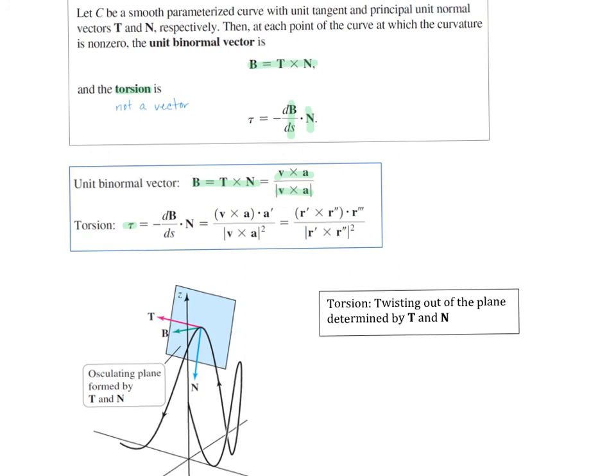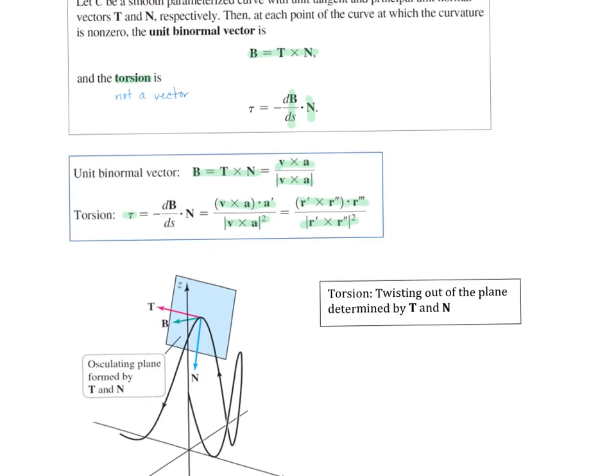If you don't want to use arc length, you can always use that it's the cross product of the velocity with the acceleration dotted with the derivative of the acceleration over the magnitude of the cross product squared. And then you can also write this in terms of r, because the velocity is the first derivative of r, acceleration is second derivative of r, and so on. So you get the same formula. So you're also free to use that formula there.